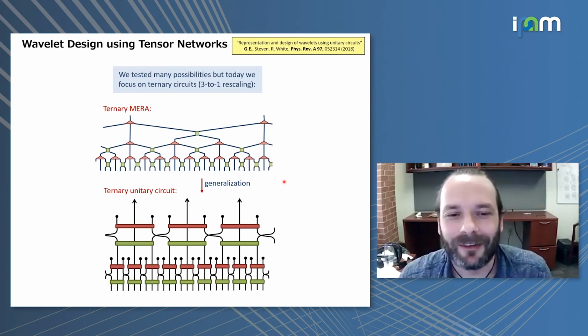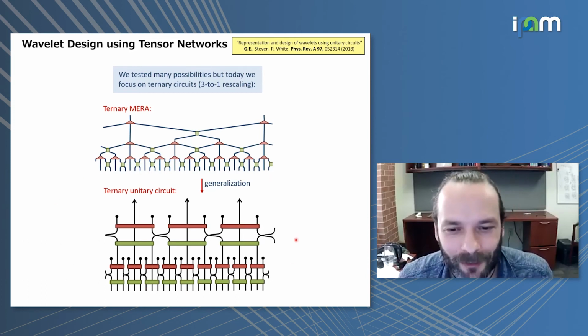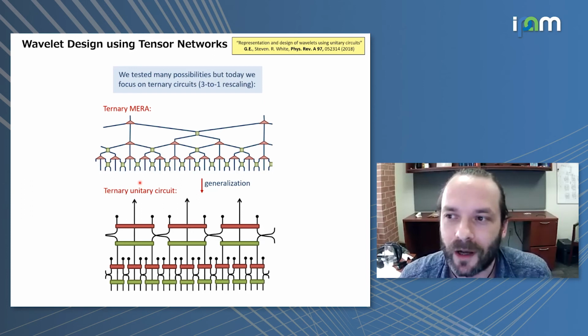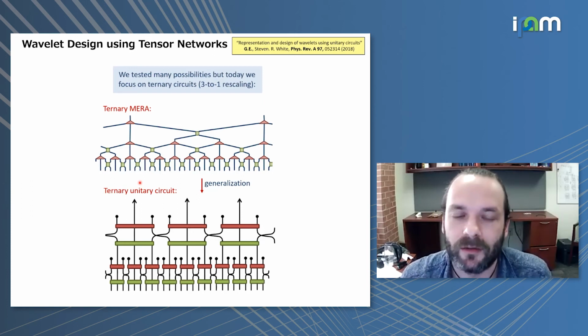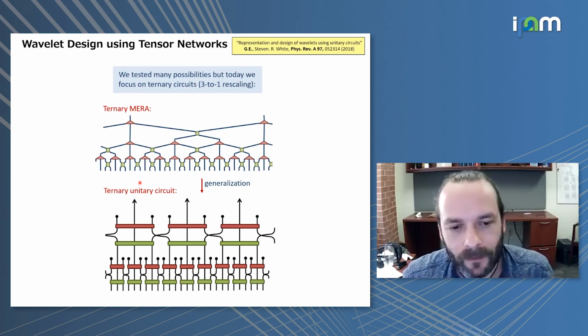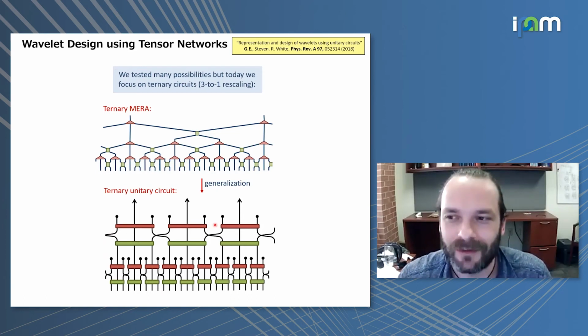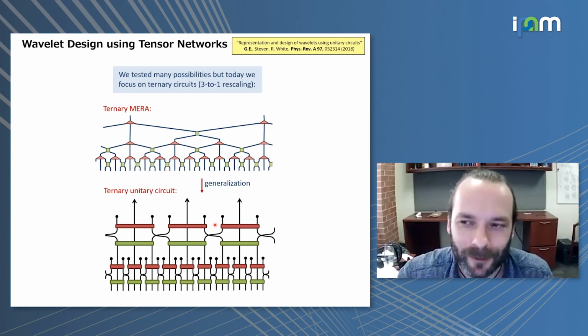So I think it's interesting that in the case of wavelets and quantum circuits, as you'll see, the ternary unitary circuit also has some nicer features as compared to the usual ones based on a binary circuit, a 2-to-1 rescaling. Okay, so we're using this novel type of circuit structure. Describing these types of wavelets would be very difficult if we didn't have this nice diagrammatic notation. If we're just describing functions on the lattice, it would get very complicated very quickly.